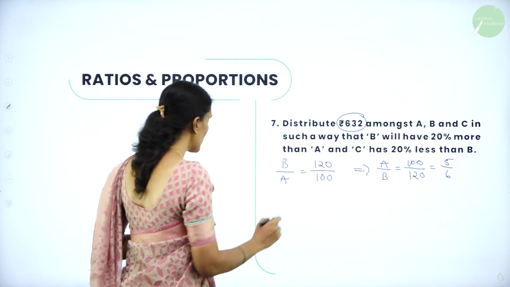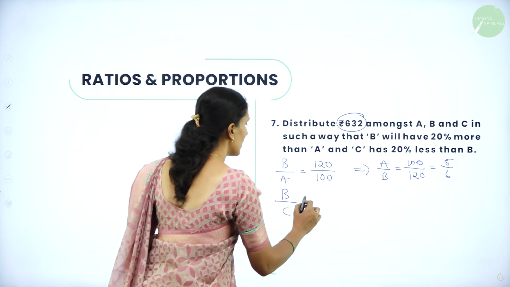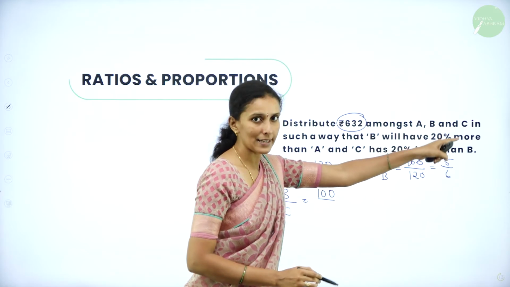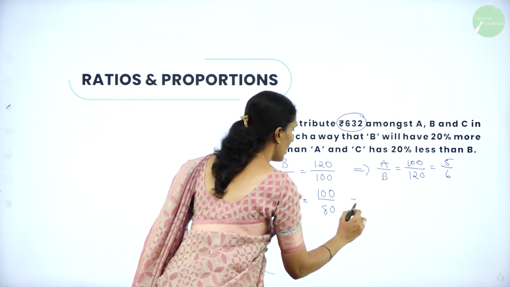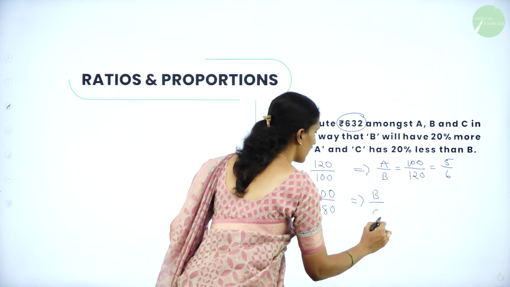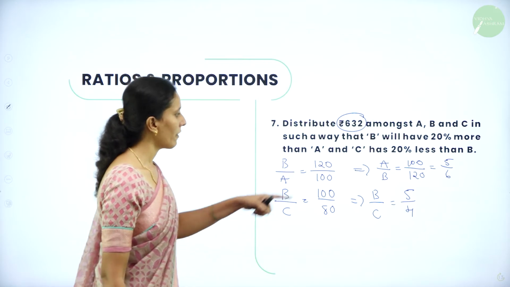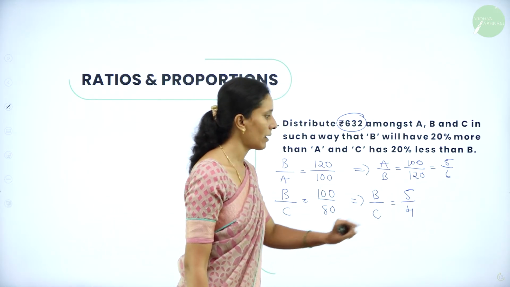So what is the relationship between B and C? That is 100 minus 20, which is 80. So therefore, B by C is 5 by 4. Now you have A by B as 5 by 6, B by C as 5 by 4.